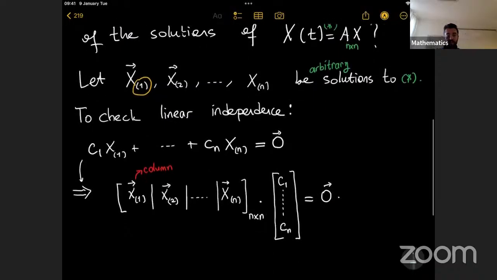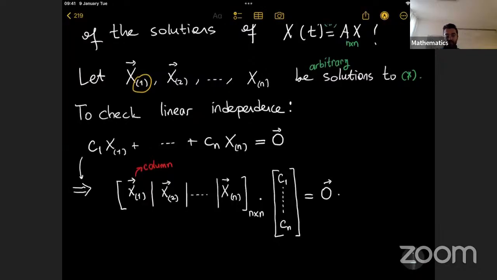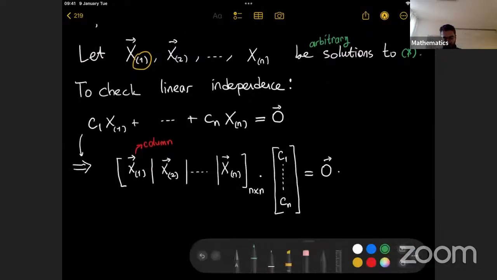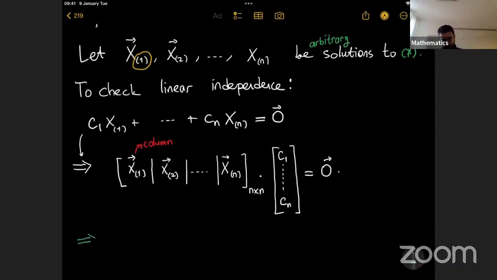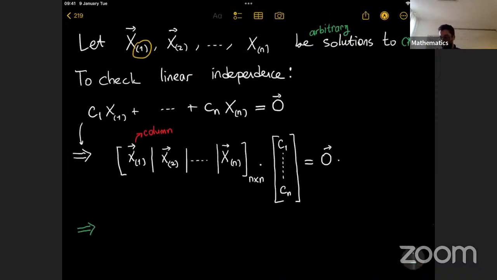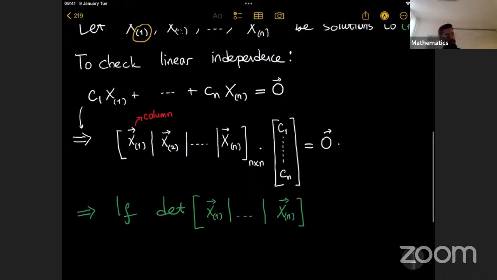All right, so we can write the system in the matrix form like that. Then this tells you basically, if the Wronskian, now what is the Wronskian? The Wronskian is a determinant. So if the determinant of this matrix, x1 up to xn, remember these are functions.